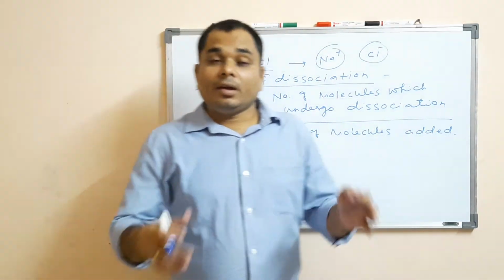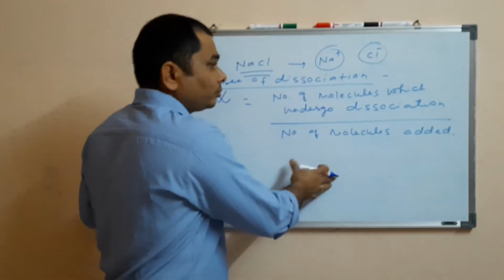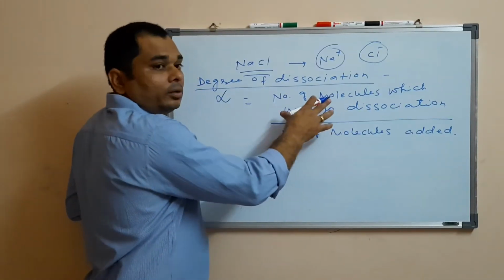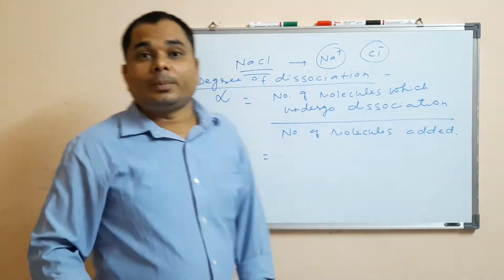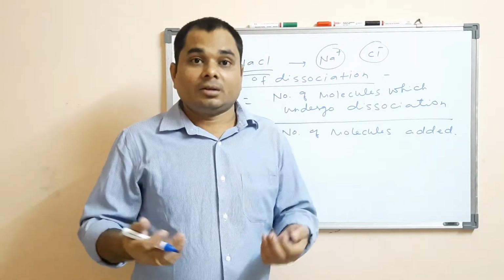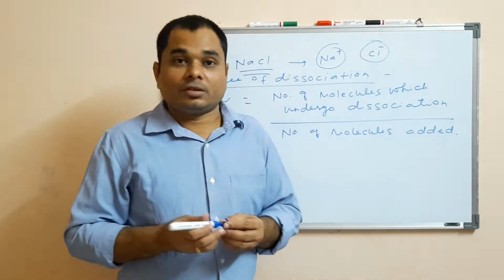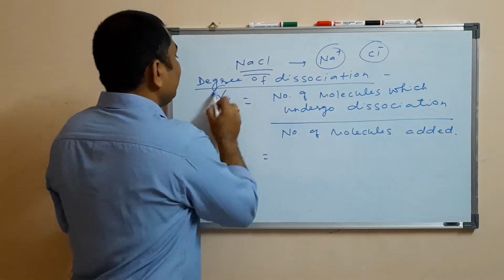So we basically find out the ratio of the units which undergo dissociation to the units which were actually present. This is called as degree or extent to which they undergo dissociation. Okay, so this is your degree of dissociation.